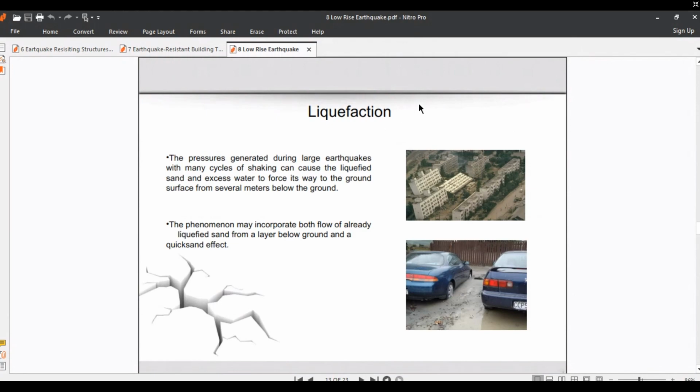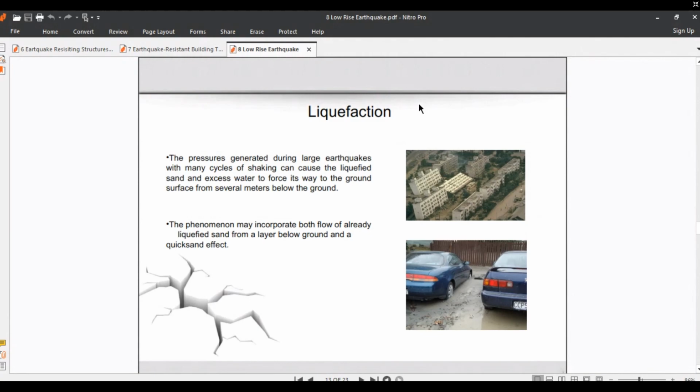In liquefaction, the shaking generated during large earthquakes with long shaking can cause the liquefied sand and excess water to force its way to the ground surface from several meters below the ground, as shown in these pictures.